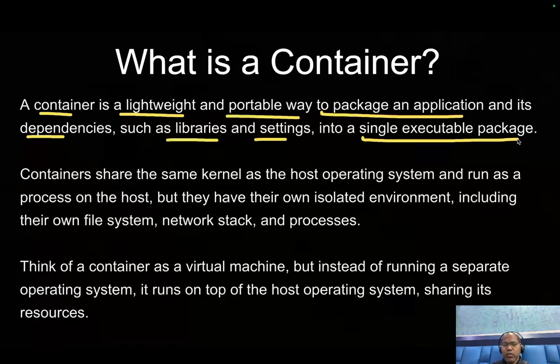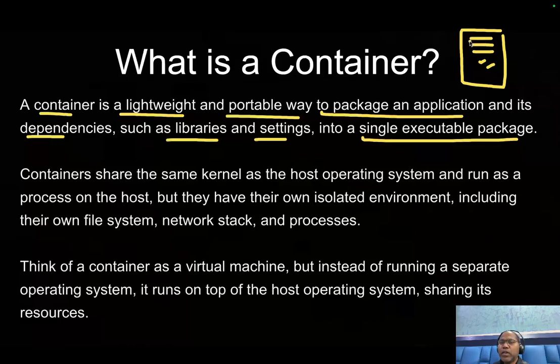So whatever enterprise application is available, what application is required, what modules, what dependencies, what settings, everything. You can just make one container that contains your application, library, settings, and all other environment which you require. This is known as a container.